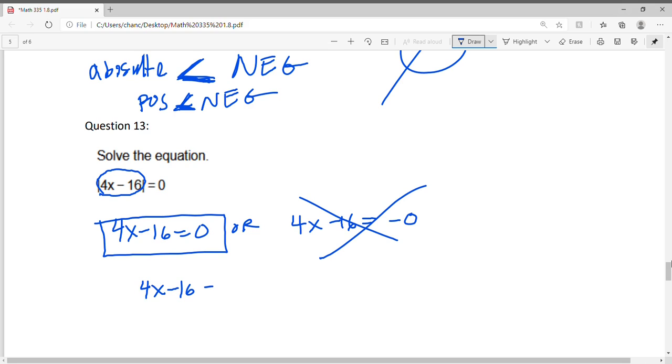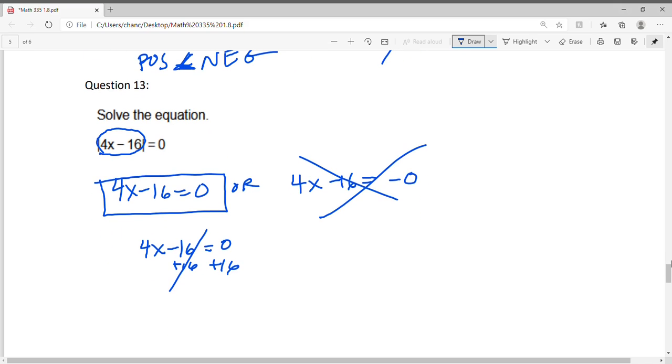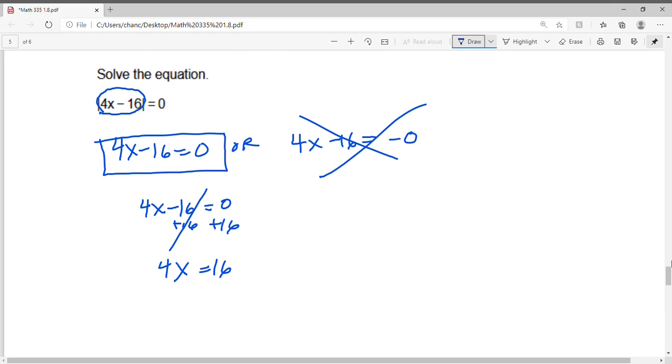And to do that, we'll add 16 to both sides. 4x is equal to 16. Divide both sides by 4, and I get 4 as our solution. Now if you solve the other side, you would still get 4 as a solution. So there's just one answer, that's x equals 4.